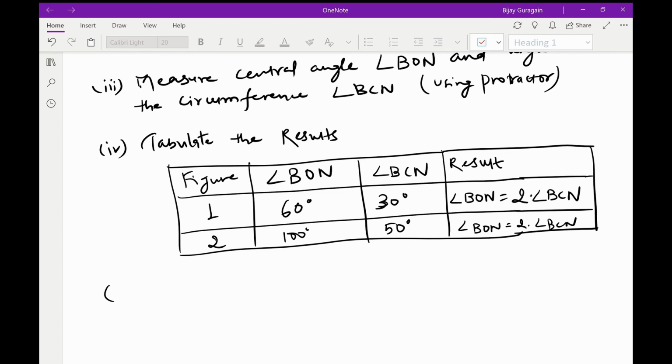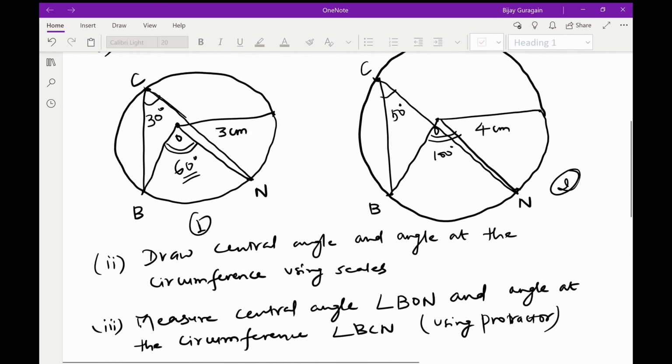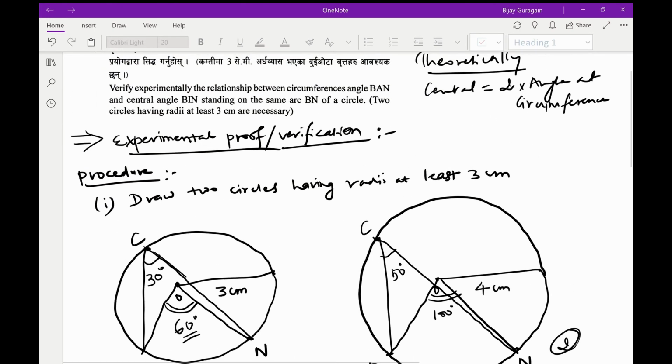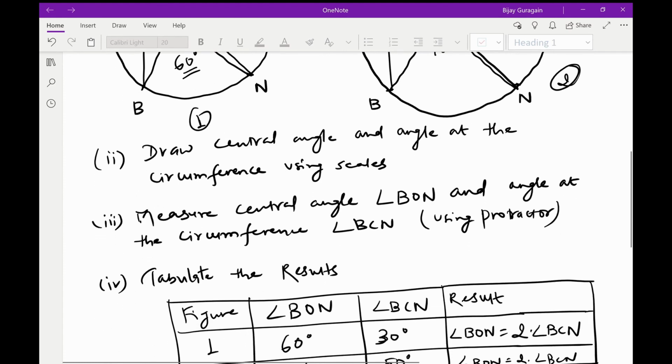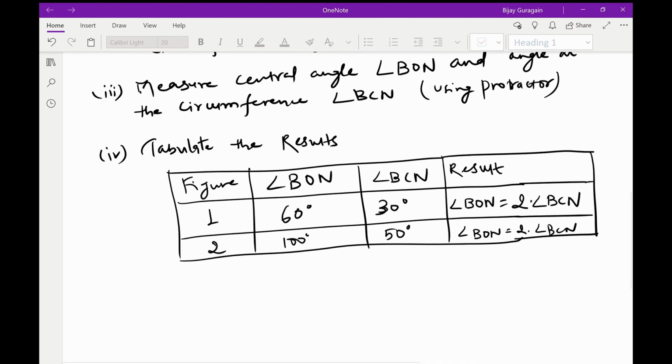So from these two figures, we have our procedure. In the procedure we obtained the results in this tabulated form in the fourth step. And what is our conclusion? We can write here as conclusion.